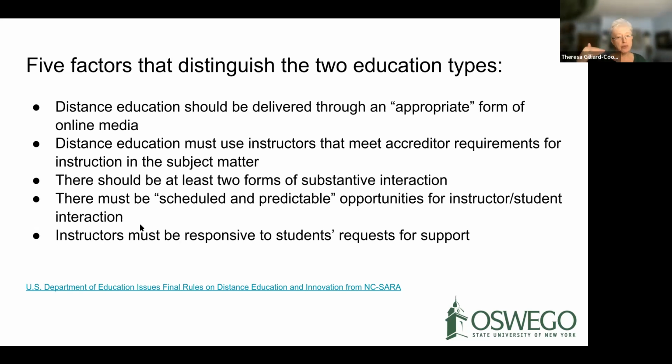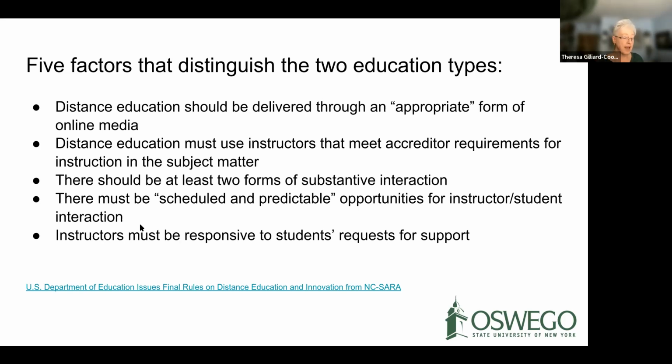So again, I could read this, but I think it might be more effective if you are able to read this. And you'll be able to see this later too, since it's being recorded. But the big thing is that they're looking at interactions that are occurring in fully online courses that can be determined if somebody were to go into that course to do a review, say an accreditor or federal regulators.